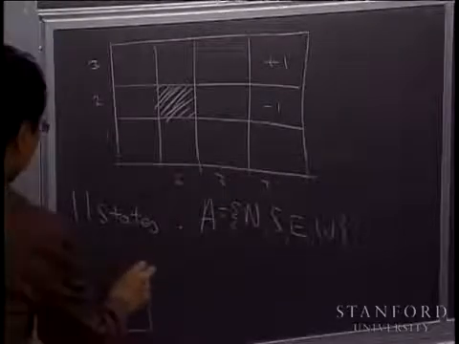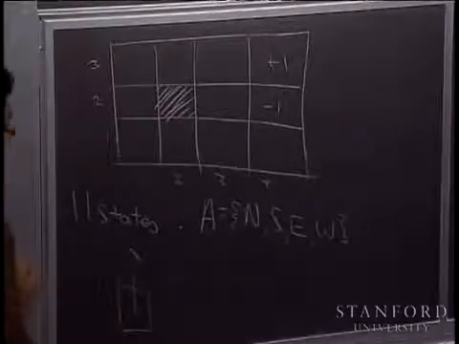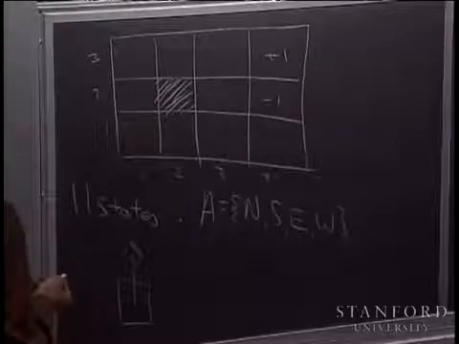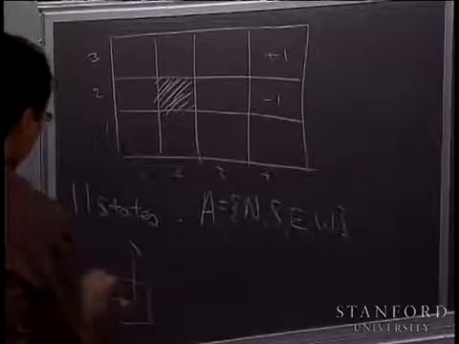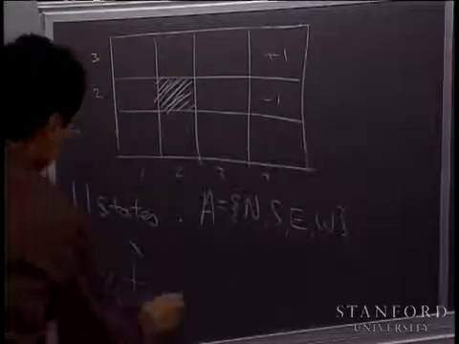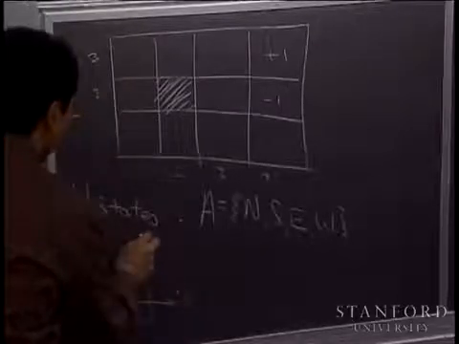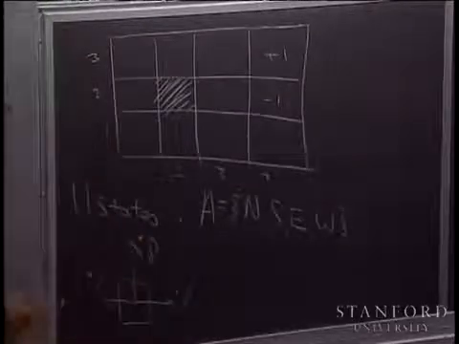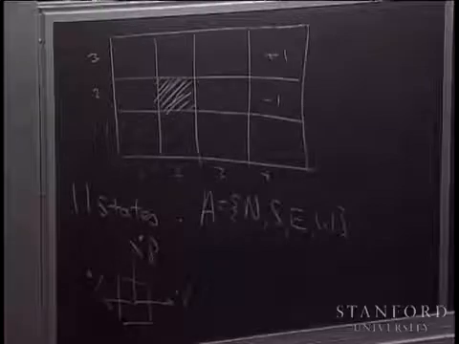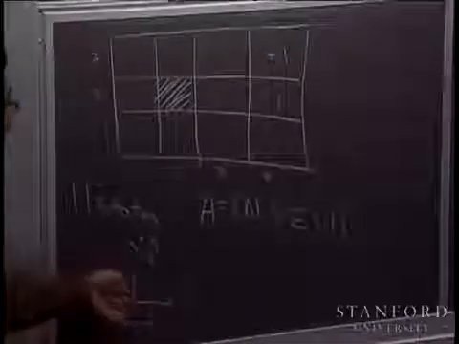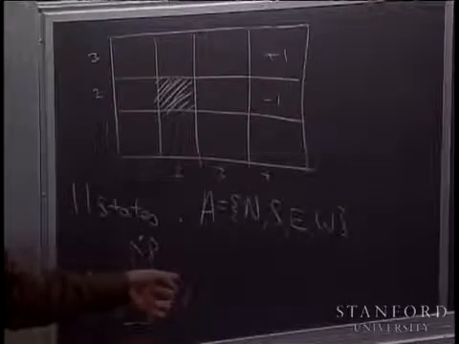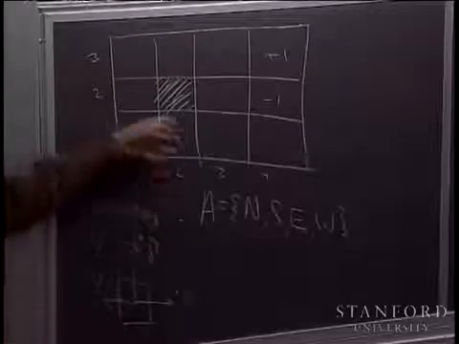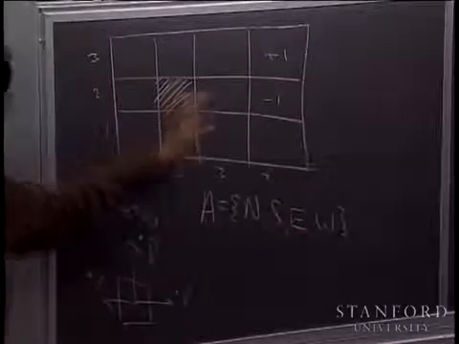If you command the robot to go north, there's actually a 10% chance that it'll accidentally veer off to the left, and a 10% chance it'll veer off to the right, and only a 0.8 chance that it'll manage to go the direction you commanded it. Okay, so this is a crude model of wheel slipping on a mobile robot. And if the robot bounces off a wall, then it just stays where it is and nothing happens.